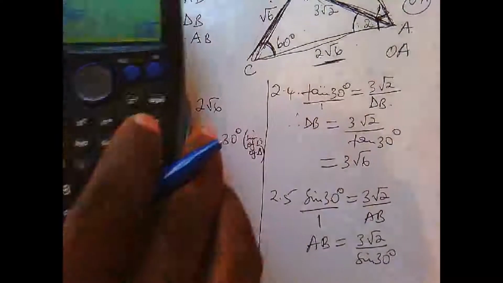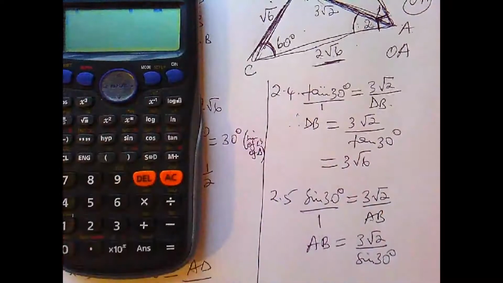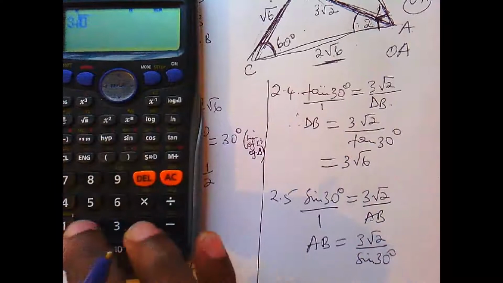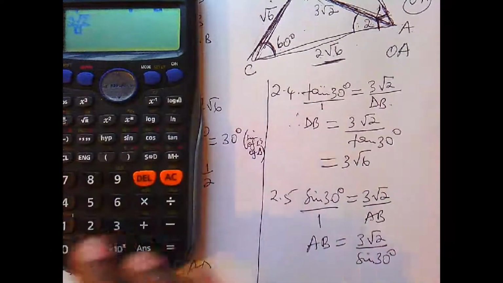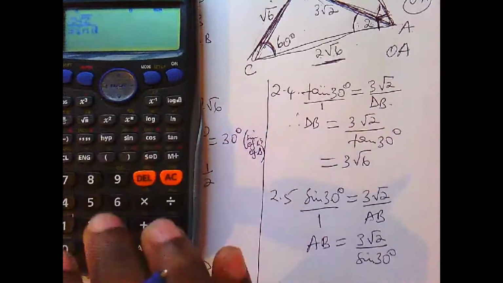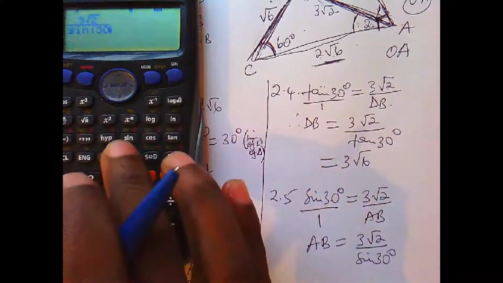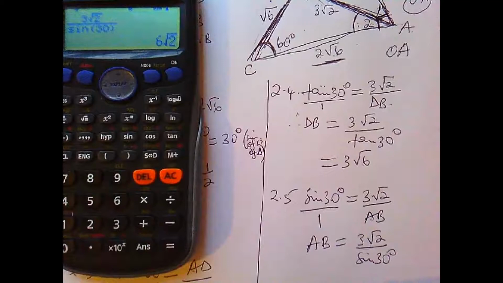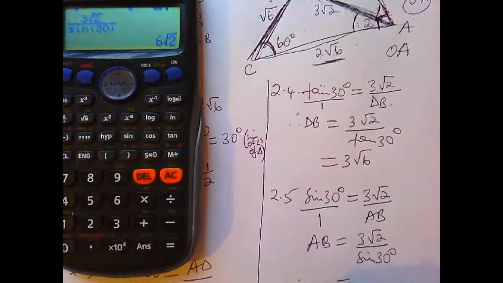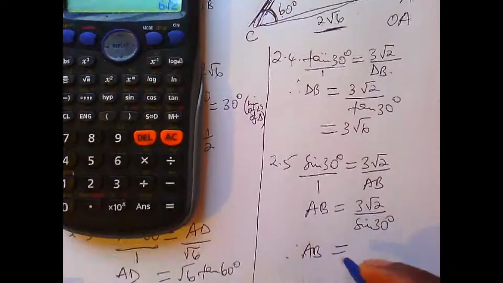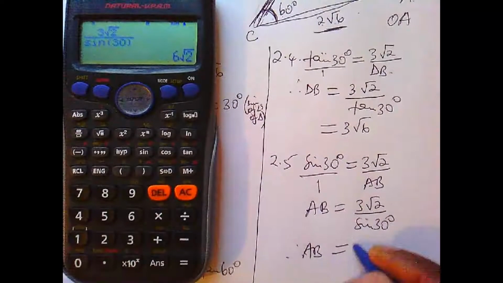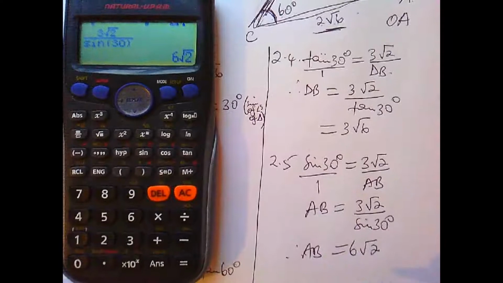And once more, you can use a calculator. 3 square root 2 divided by sine 30, then you will get the answer as 6 square root 2. So the answer for AB will be 6 square root 2. That will be the answer.